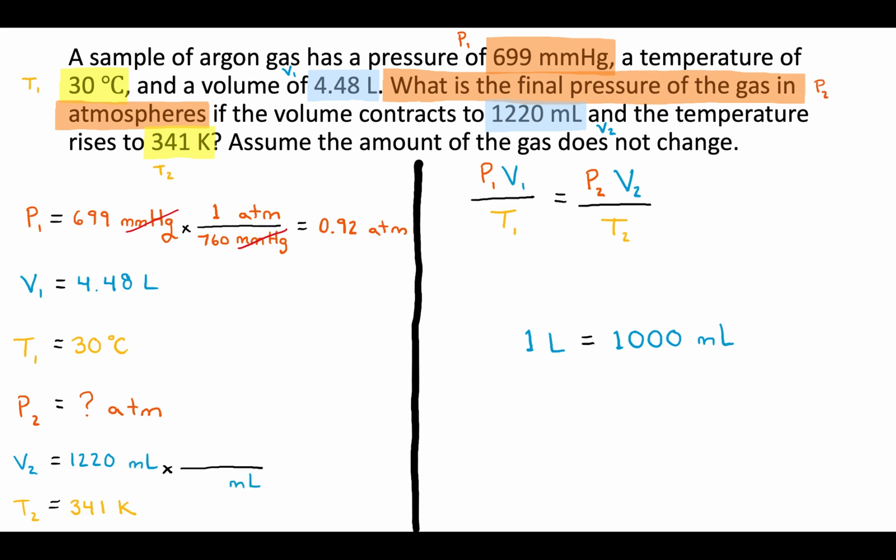In this case, that's milliliters. Now I'm going to fill that fraction in with my conversion factor. Next to milliliters goes 1,000. Going over the fraction bar is like going across the equal sign, and on top you've got 1 liter. Milliliters cancel, we're left with liters, and if you plug this into a calculator, you've got 1,220 times 1, enter, divided by 1,000, enter, you should get 1.220 liters.